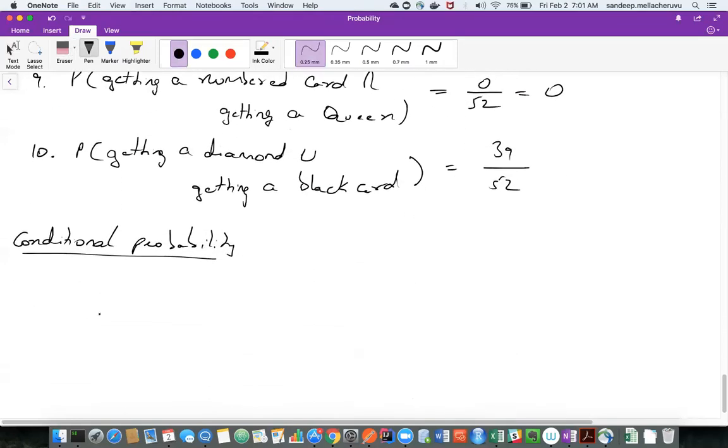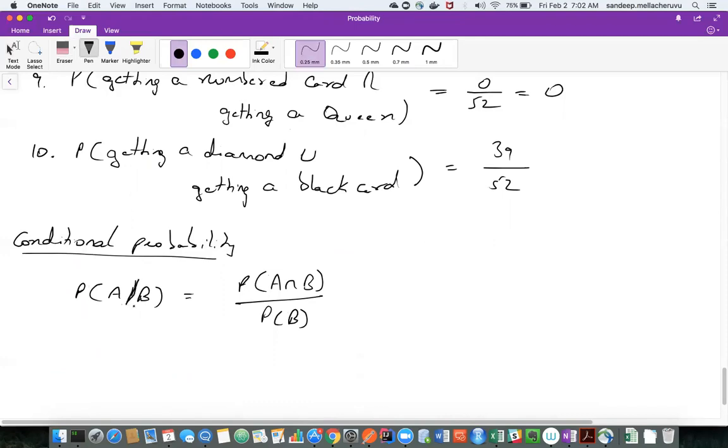So conditional probability. Let me give you the formula. I'll show you how to use it later. This is read as probability of A given B, and it can be rewritten as probability of A intersection B by probability of B. So this is one way of formulating this kind of probability, and this probability is called conditional probability.